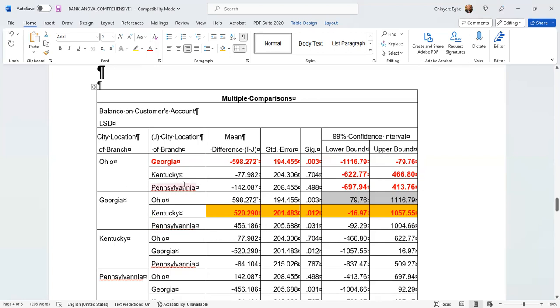Ohio is the same as Kentucky, and Ohio is the same as Pennsylvania, but Georgia and Ohio are different. As you have here, Georgia and Ohio are different.